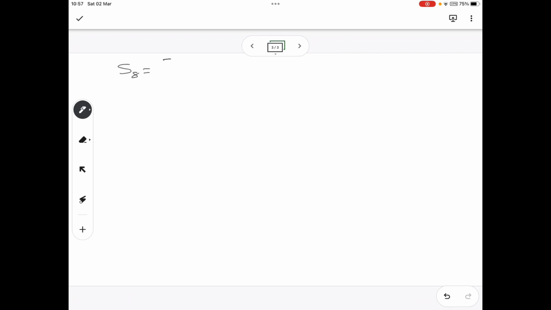So the sum of the first 8 terms is 255 over 256, which is the sum from n equals 1 of a half to the power n. Okay, so that's the sum of the first 8 terms of the series.